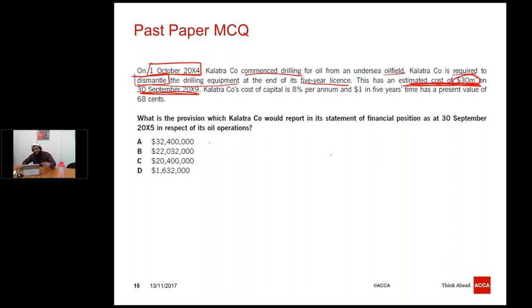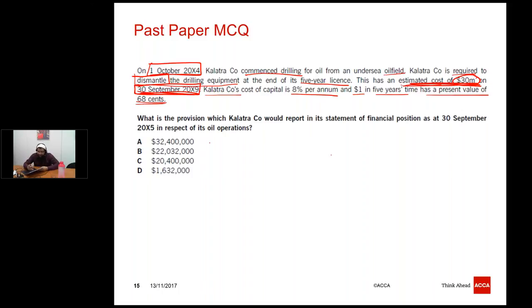So is this $30 million a present value or a future value? Yes, this is a future value. Nazia, this is not present value, this is future value, because this is the value that we are going to pay on 30th September 20x9. Now the question says that Caletra company's cost of capital is 8% per annum and $1 in 5 years' time has a present value of 68 cents.